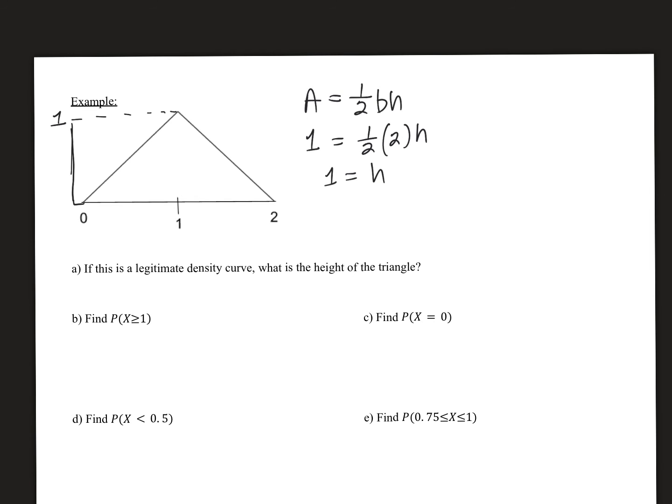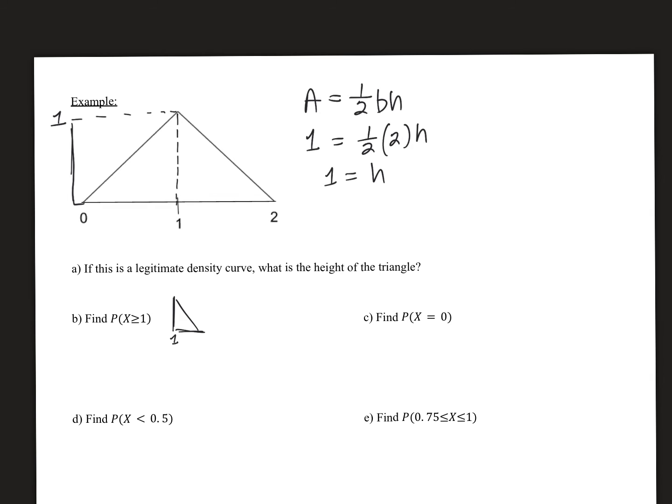Okay. So we want to find the probability that x is greater than or equal to 1. So we're going to go down here. I'm going to create a new height at 1. So that's basically saying we're going to create a new triangle.